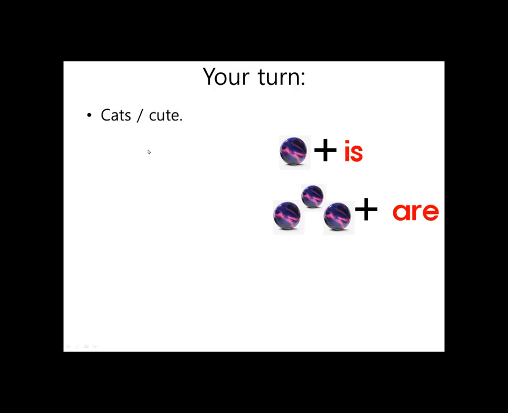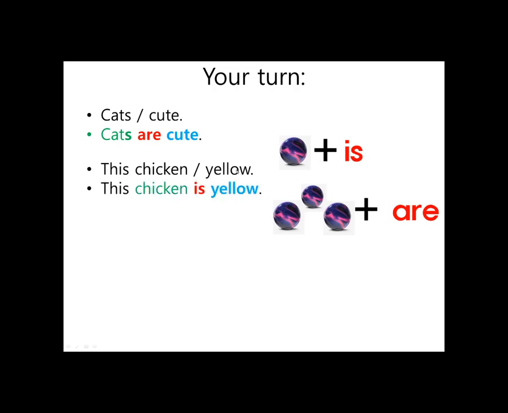Okay, so let's try here. Cats, cute. So we can say, cats are cute. This is more than one cat, plural. This chicken, yellow. This chicken. So one chicken. So use is. This chicken is yellow. Cakes, delicious.